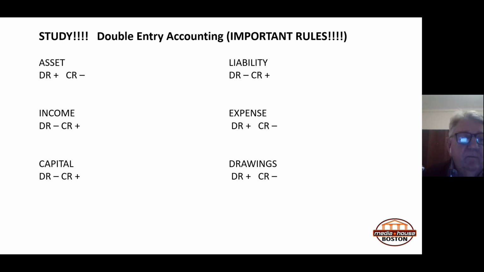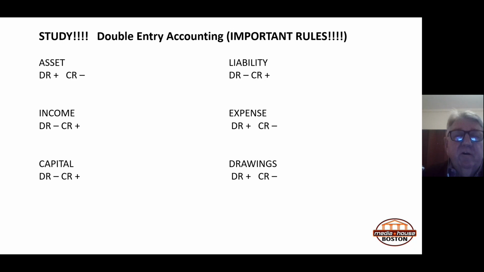Okay, capital, that is the proprietary account, the money that comes in from the owners of the business. It works the same as the sales. If we credit it, it increases, and if we debit it, it decreases. Okay. So liabilities, that's people that you owe money to, things that you must pay.